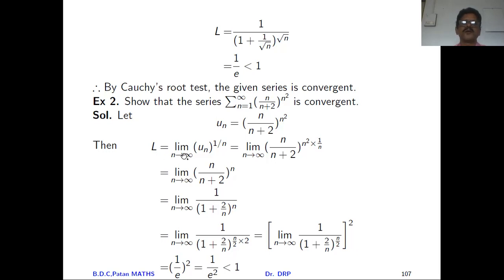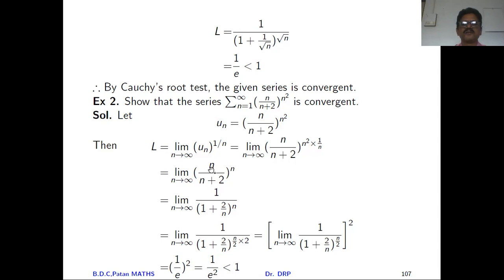Then you find the limit of un raised to 1 upon n as n tends to infinity. If we take it to be L, it gives the limit as n tends to infinity of this quantity raised to 1 upon n. Here the n gets cancelled, and then you will get its value to be the limit as n tends to infinity of (n upon n plus 2) raised to n.